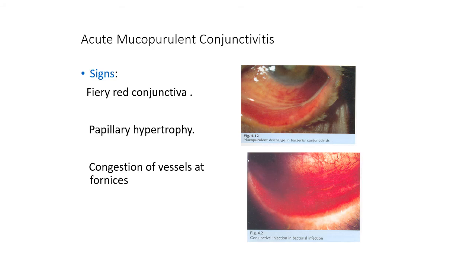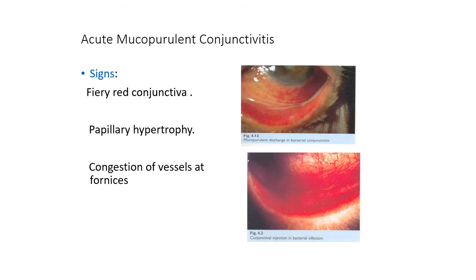The circumciliary conjunctiva is not red. So redness is present only in the palpebral, fornicial and bulbar conjunctiva. The terminology used is fiery red conjunctiva. Then you can see papillary hypertrophy and congestion of vessels at the fornices.